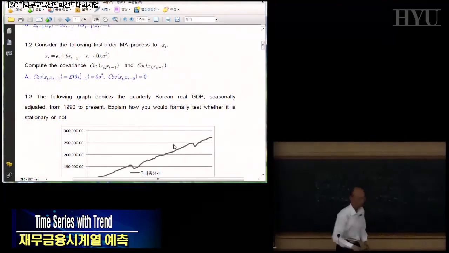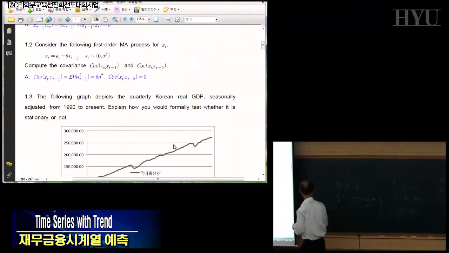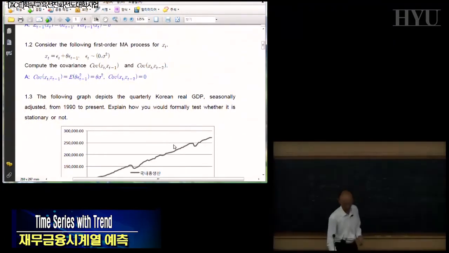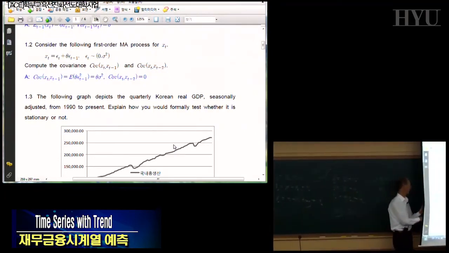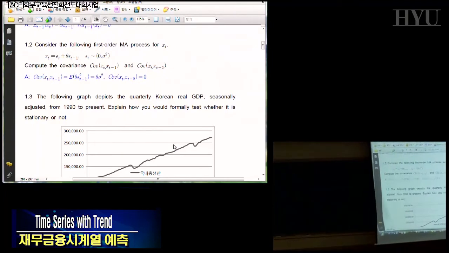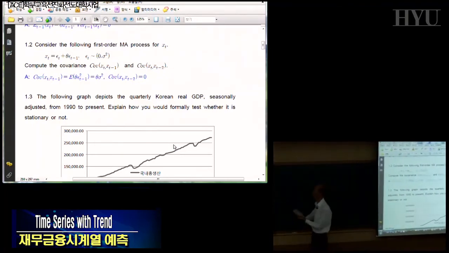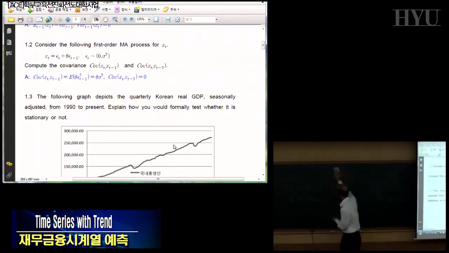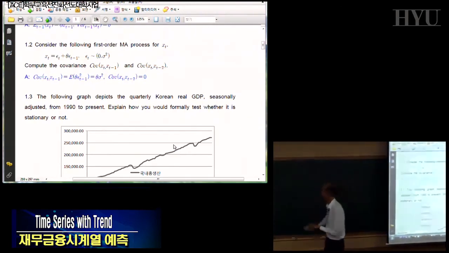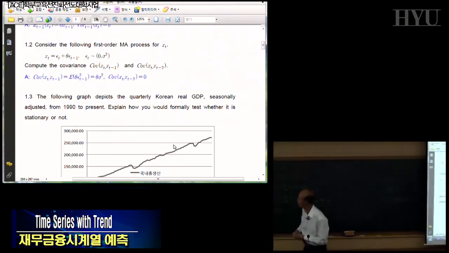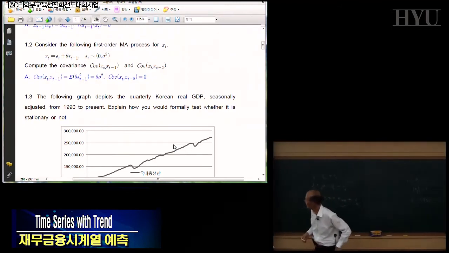The second question was to ask you the simplest calculation we can think of. So what is the covariance?